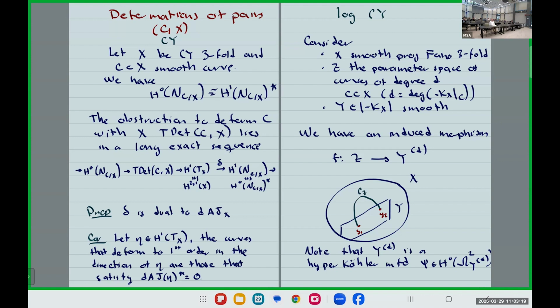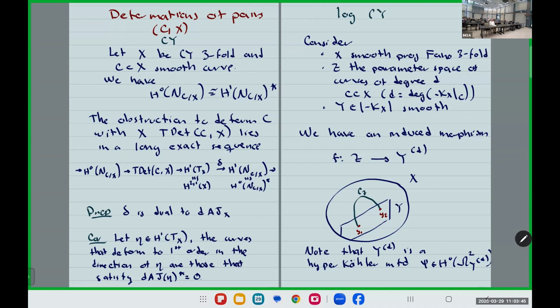This was known by Clemens in the projective case, and the main result of this talk is that we can also obtain this in the relative case. We're going to need much more notation, but this is basically the result that I'm going to present.